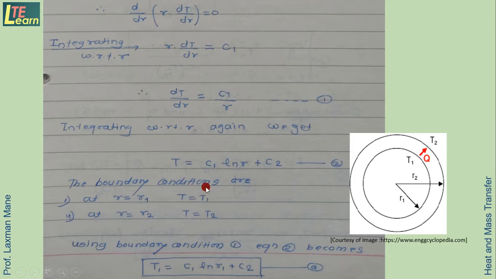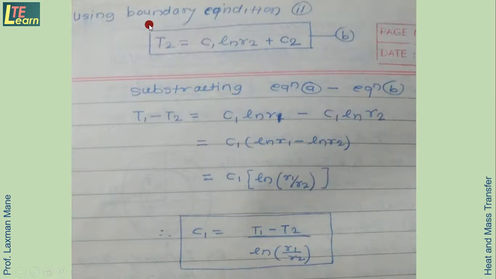In this we put the value of T as T1, and R as R1, say equation A. Using boundary condition 2, we put T as T2 and R as R2, this is equation B. Now subtracting equation A and B, we find T1 minus T2, the temperature difference, is equal to C1 natural log R1 minus C1 natural log R2.